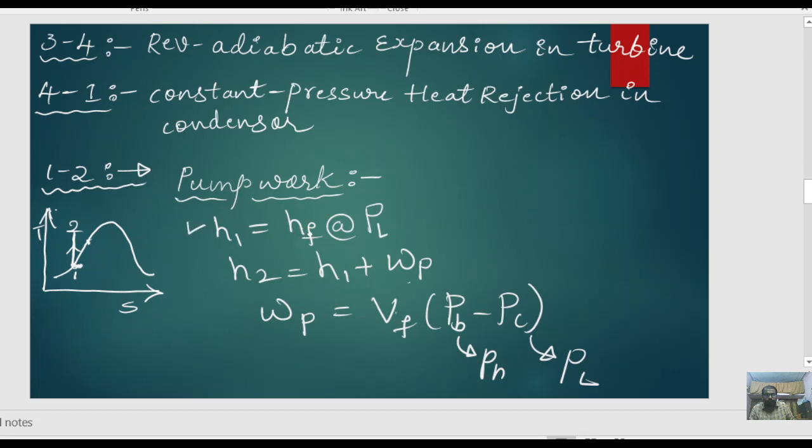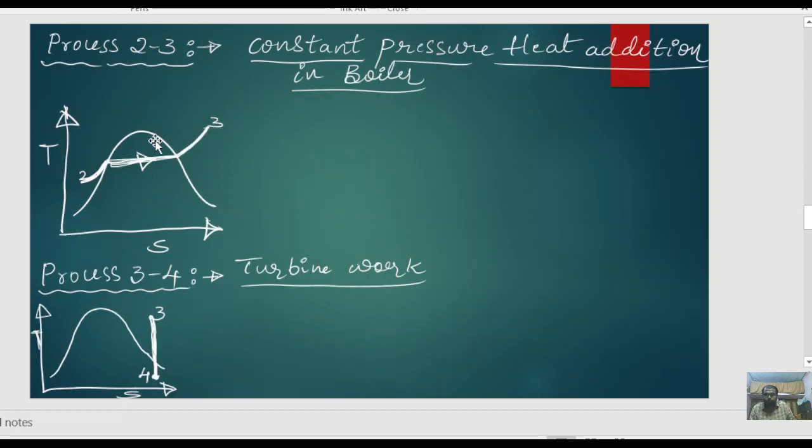H1 is HF because this is the saturated liquid. H2 is H1 plus pump work. What is the formula for pump work? VF into PB minus PC. You have to take VF at lower or condenser pressure.